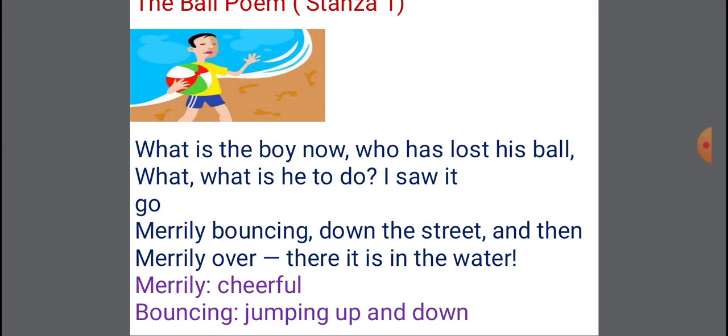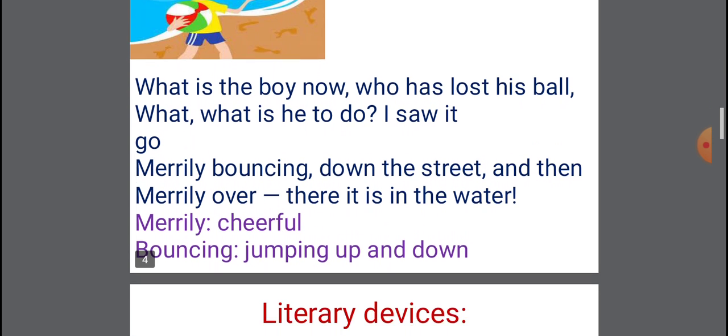The poet has seen the ball going away from the boy. He says that the ball was cheerfully jumping up and down in the street. This means that when the ball skipped from the boy's hand, it went into the street and later on it fell into the nearby river. So this was there in this stanza.